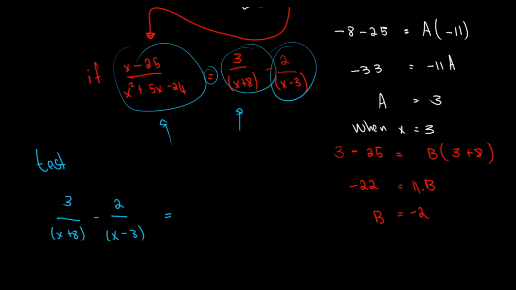So when I add these fractions together, I'm going to multiply both sides by the denominator, since I want to create the same denominator, right? So I can multiply both sides by x plus 8, x minus 3. So this one cancels with that one, so I'm left with 3 times x minus 3, right?